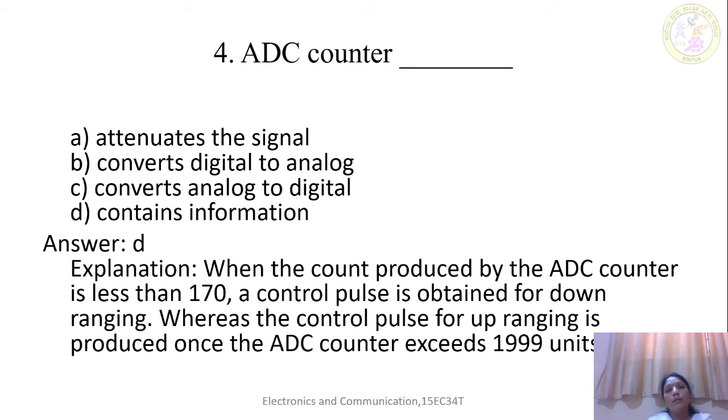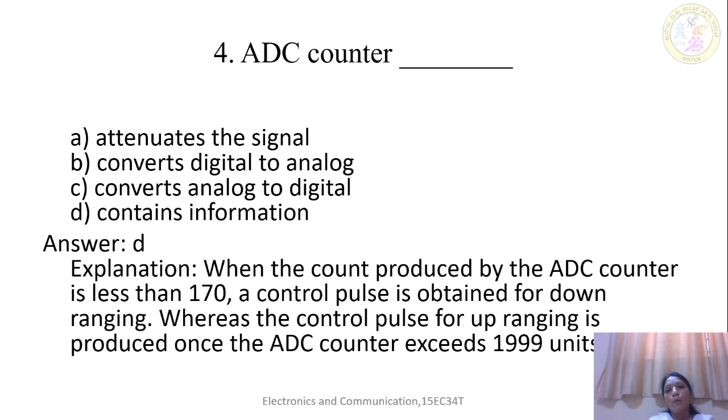The next is ADC counter. So what will it do? Attenuates the signal, converts digital to analog, converts analog to digital, or contains information. Answer is, ADC counter contains the information.